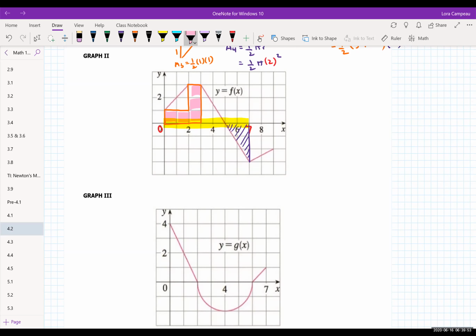You can do that as well if it's clearly marked on your axis. That leaves us with an area of partially a triangle above the x-axis. So maybe call this area 1. I'll call the pink part area 2, and we already know it's 5.